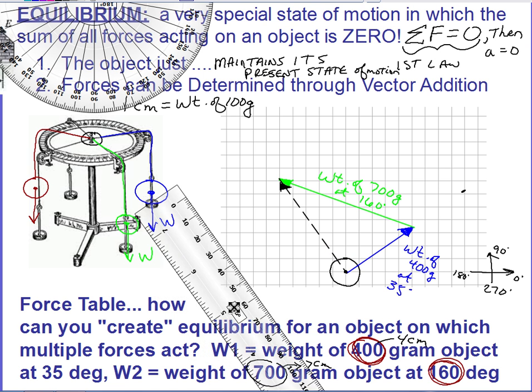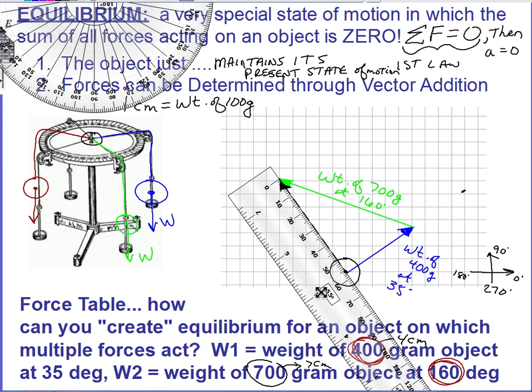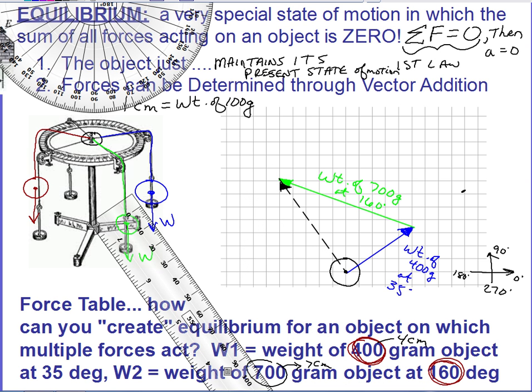I could measure that length. And when I measure that length for this graphical drawing, I get about 5.6 centimeters. So this would be the weight of 560 grams at an angle of, well, let's see, my protractors here.